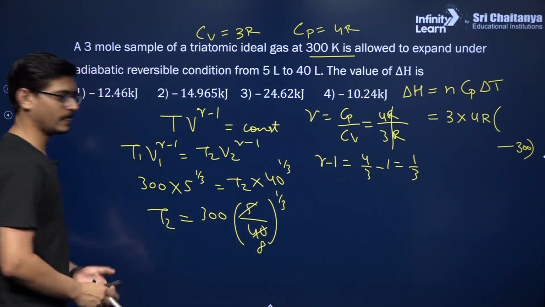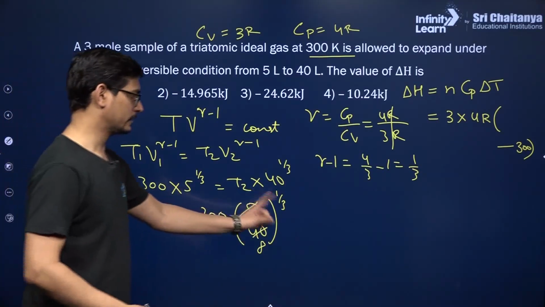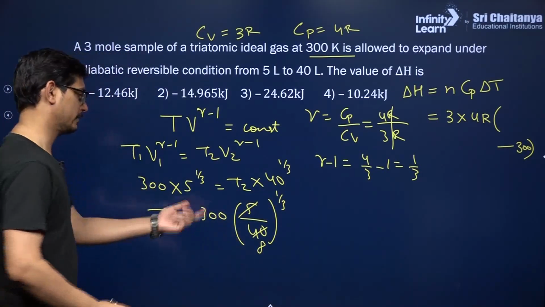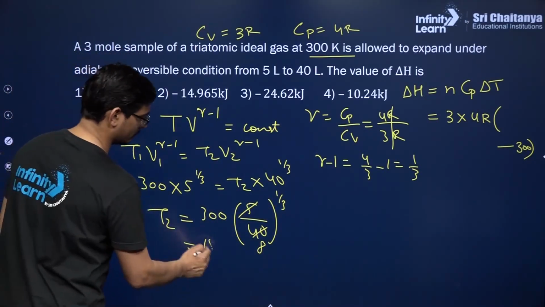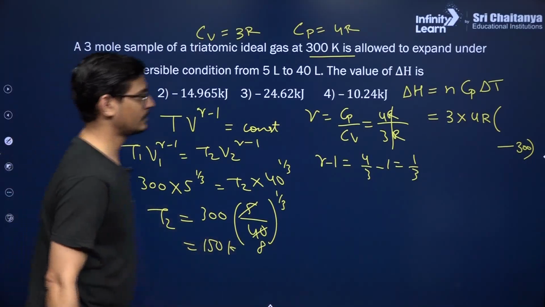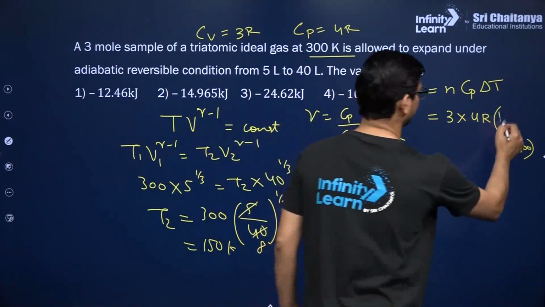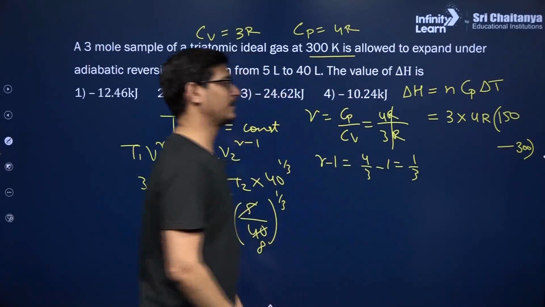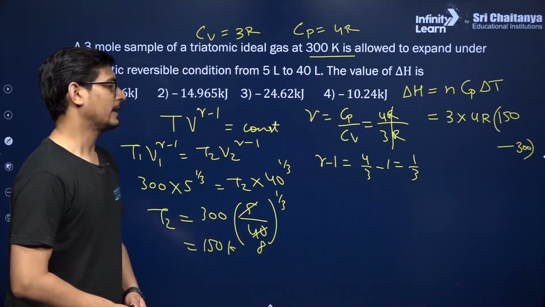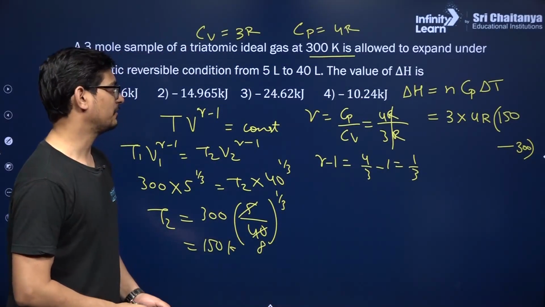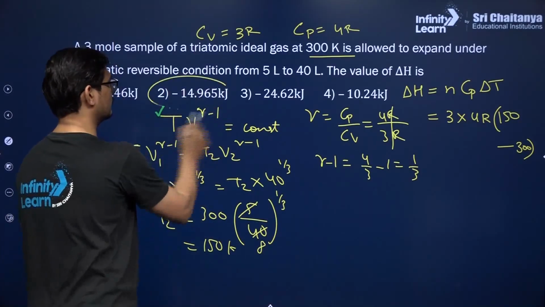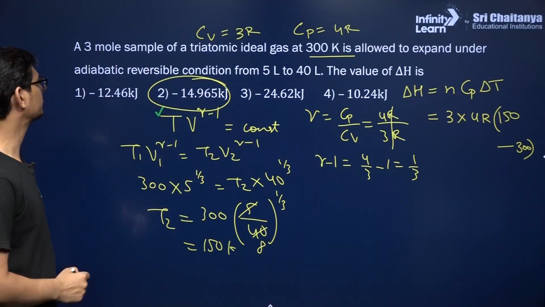This is 1 by 8, 8 can be written as 2 cube, the 3s will cancel, it will give you 2, and 300 by 2 is 150. So the final temperature is 150, so 150 minus 300 is minus 150, which you can multiply, substitute the value of R, and you will get this as the correct answer.